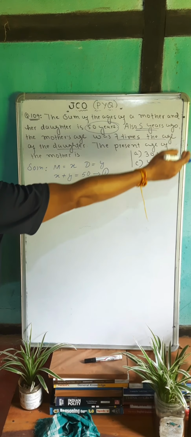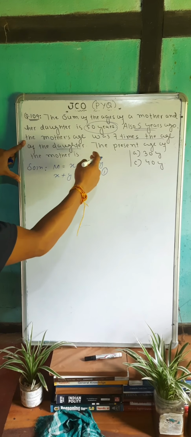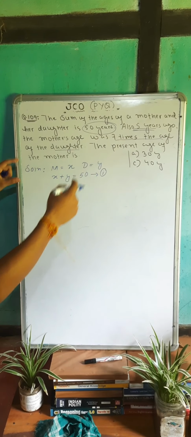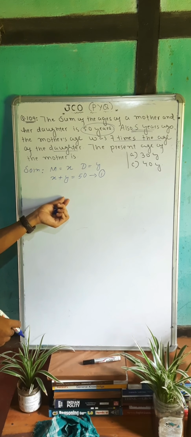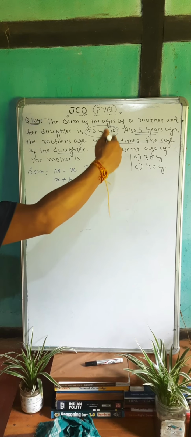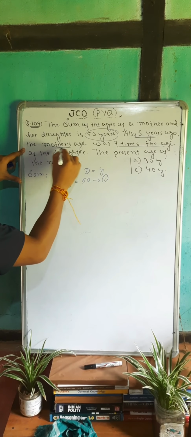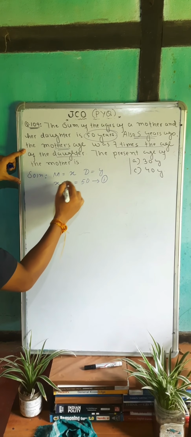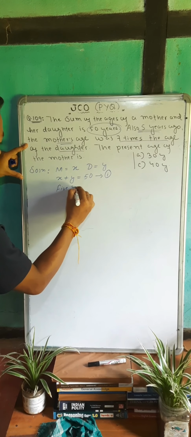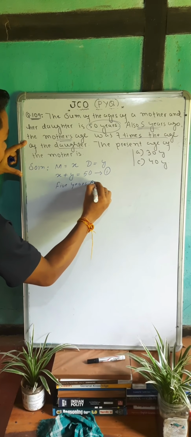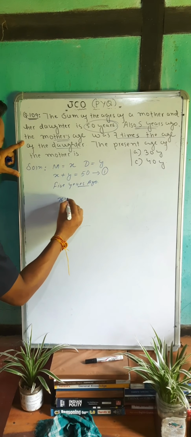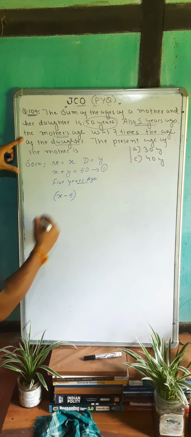Now 5 years ago the mother's age was 7 times the age of the daughter. 5 years ago means we need to subtract 5 years from mother's age as well as daughter's age. Mother is X, so 5 years ago mother's age will become X minus 5 years.